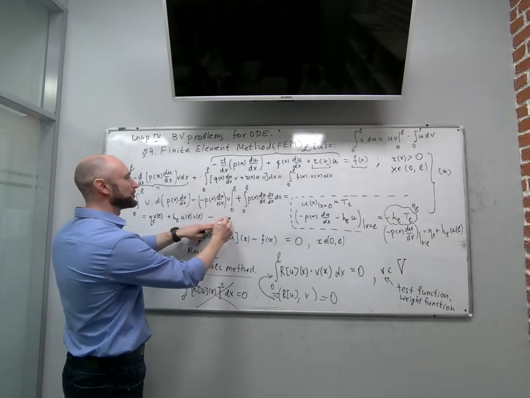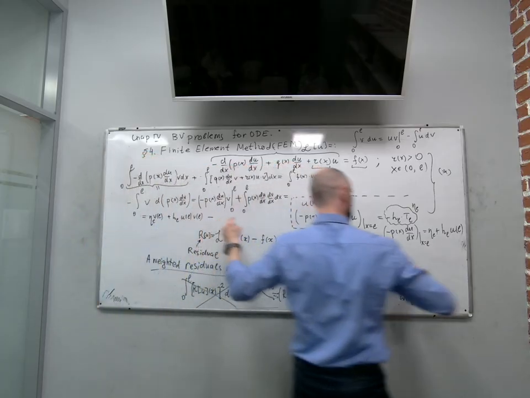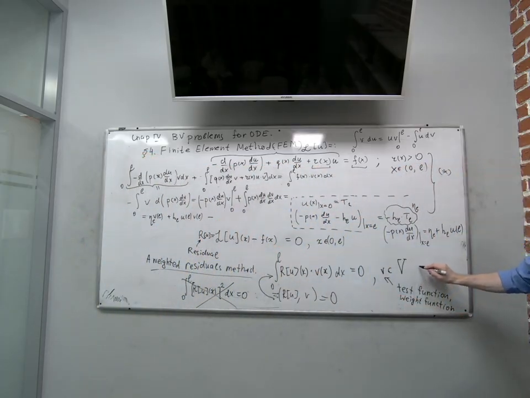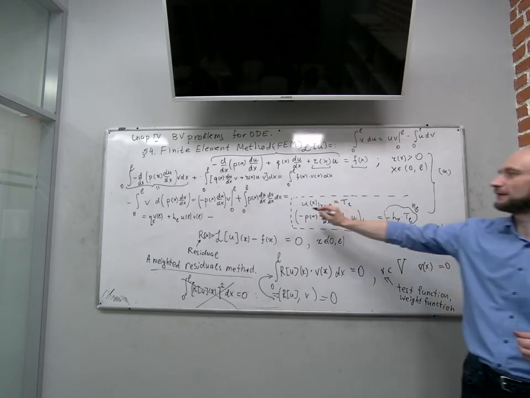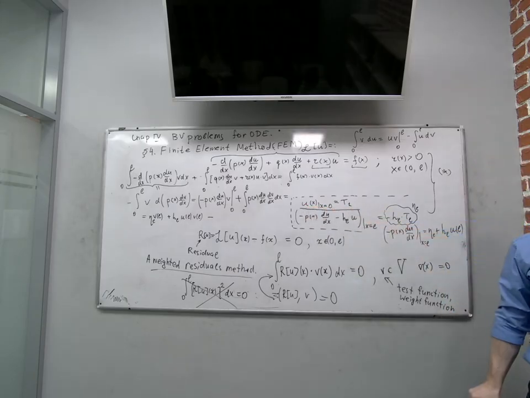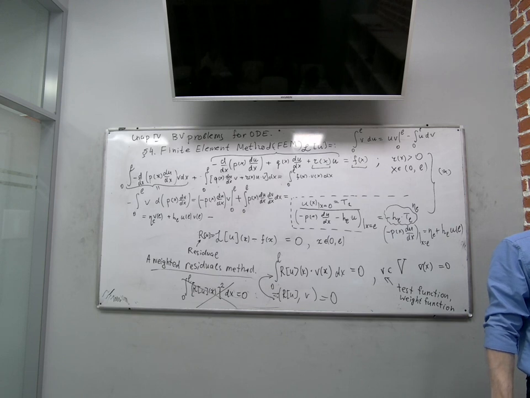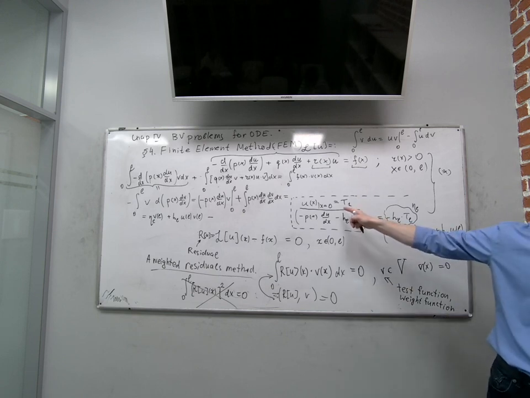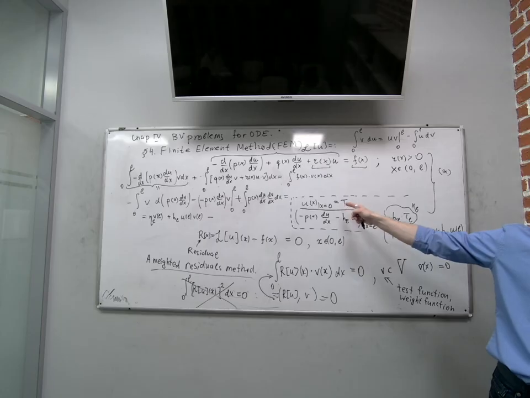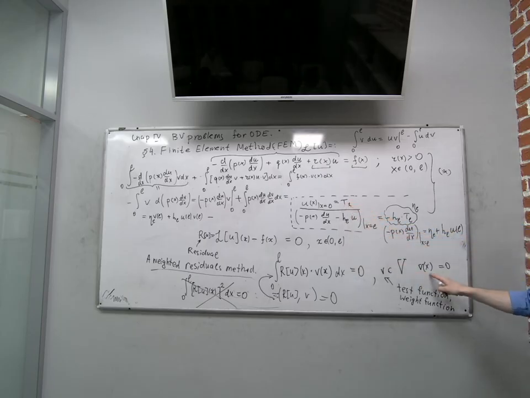I will just say that let us require that the function v is 0 at those points where we have first type boundary condition in our original problem. So in those points where we have the Dirichlet or the first type boundary condition, let us request that this function v, our test function, is 0.